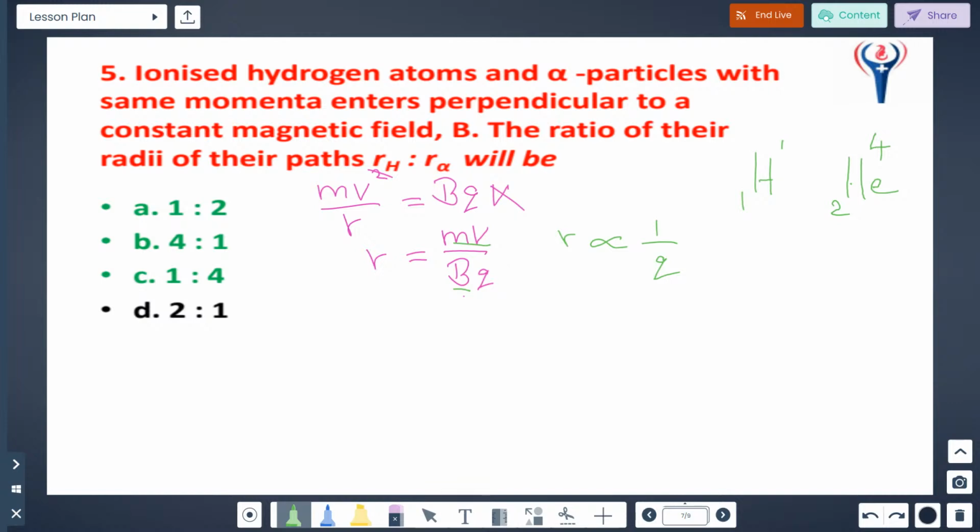Mass number. And here charge only, R depends upon charge Q only. Then R is inversely proportional to Q, as we are having two particle, two cases. R1 is proportional to 1 by Q1 and R2 is proportional to 1 by Q2. Then what you want to find? R1 by R2 or R2 by R1? R1 only RH and R2 only R alpha, or we can change it here itself.